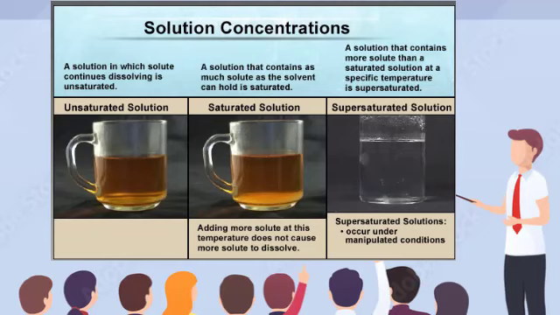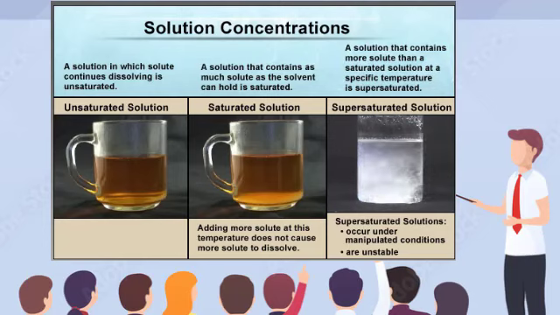The solution is then slowly cooled so that solute crystals do not immediately form, as is shown in this example of sodium acetate. Supersaturated solutions are unstable. It takes just a small crystal or a tap on the container to make the excess solute come out of solution, which returns the solution to a saturated solution.